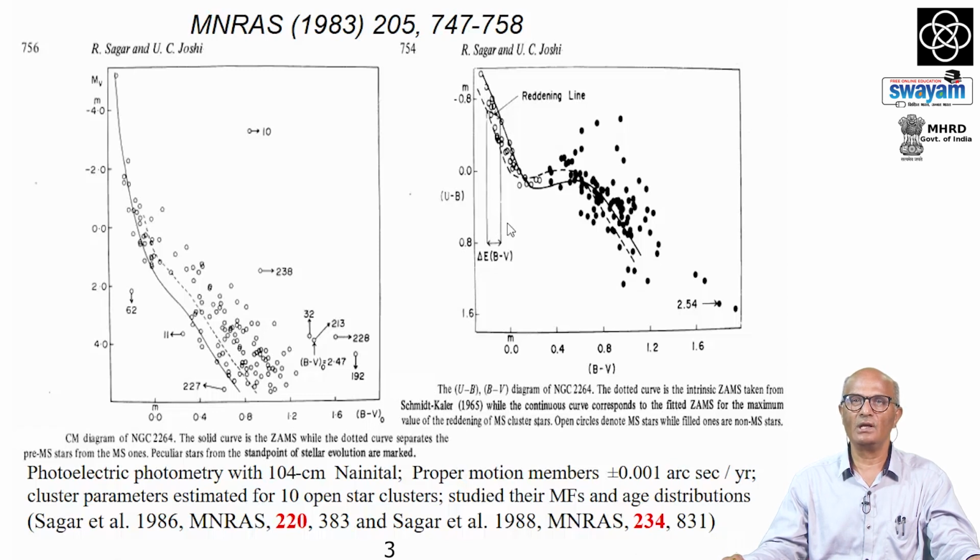So, as you can see, the x axis tells us the color excess, which is a measure of interstellar reddening in color B minus V, while the y axis projection of this tells us the color excess E(U minus B), which is the effect of reddening in the color U minus B.